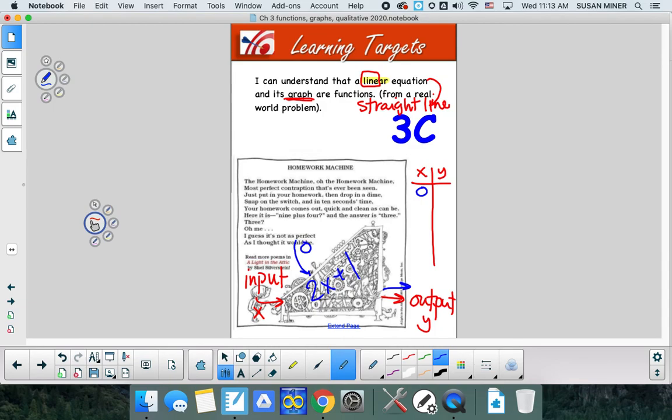Instead of an x, I'm going to put in a 0 right there. So now I have 2 times 0 plus 1. 2 times 0 is 0, plus 1 is 1. So my output would be a 1.